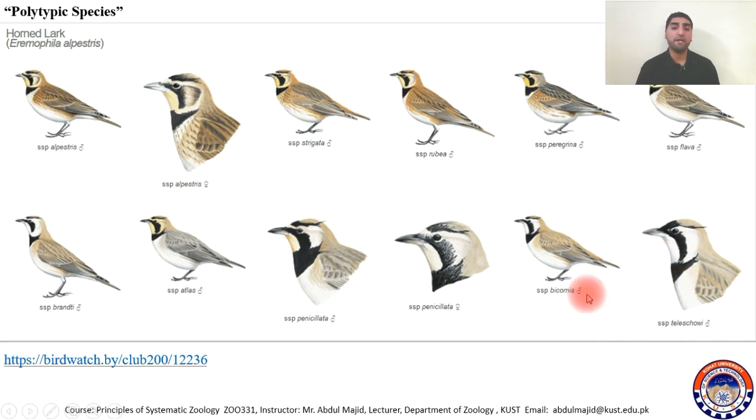This one is found in China, and others are also present throughout the world in different regions. All of these are subspecies of Eremophila alpestris. So Eremophila alpestris striata, Eremophila alpestris rubea, and then peregrina, and so on and so on.